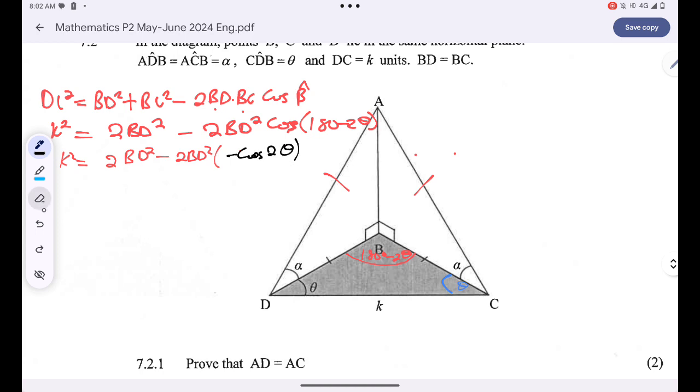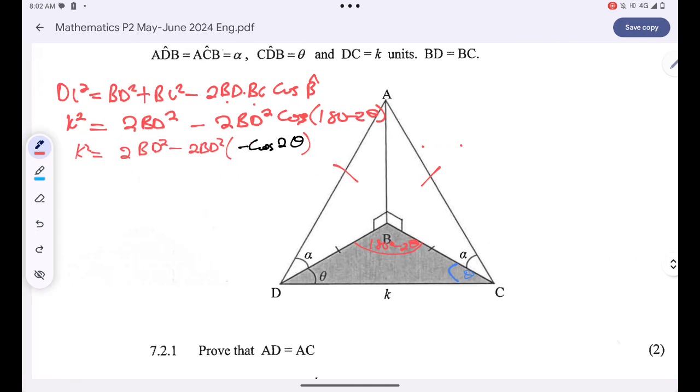Remember that, guys, 180 minus is in the second quadrant and cos is negative there, né? So this is basically K squared equals 2 BD squared plus 2 BD squared times cos 2 theta, because a negative and a negative will give us a positive.